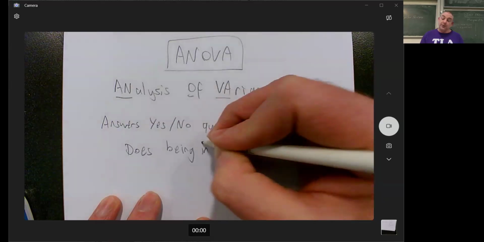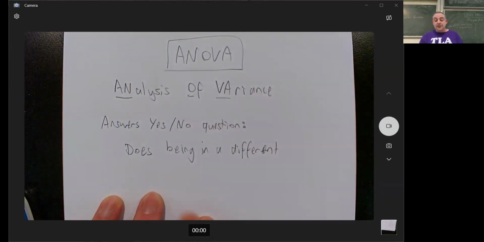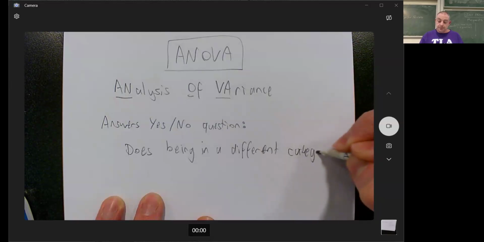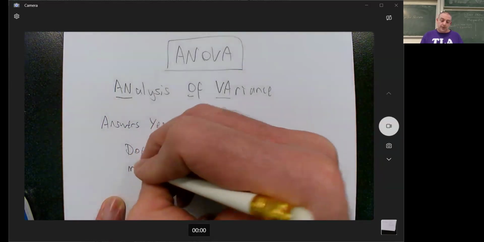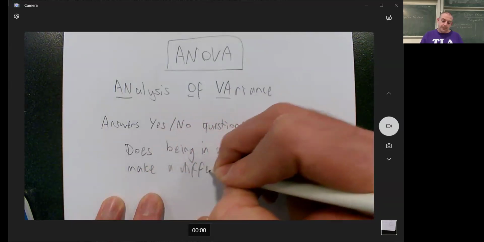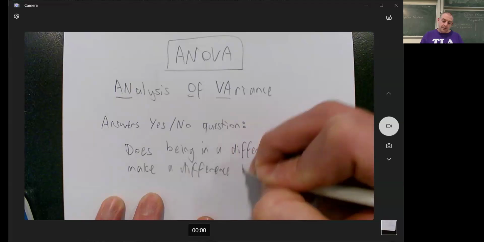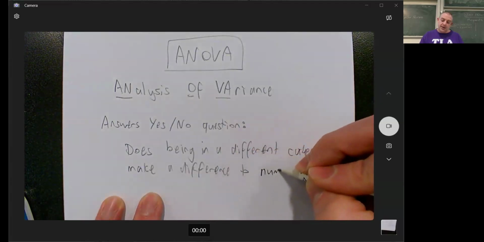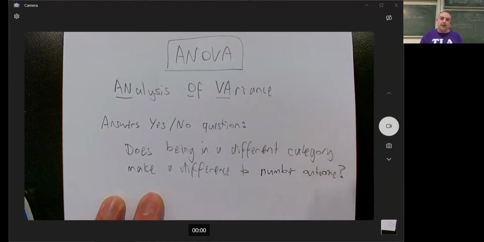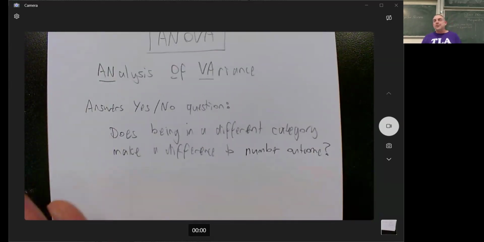This is not how your lecturer will have said it, but this is what's in my head. Does being in a different category make a difference to the number outcome? That is the kind of question that ANOVA answers.